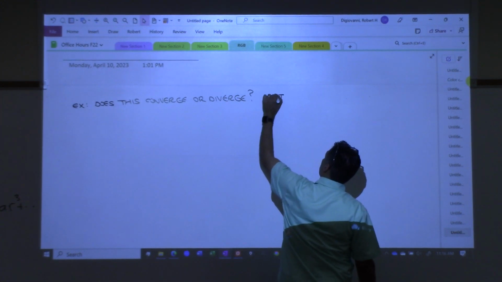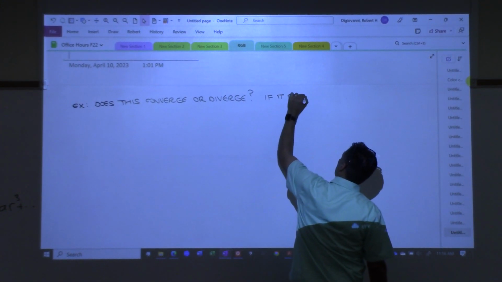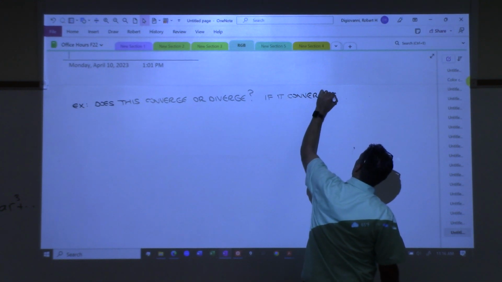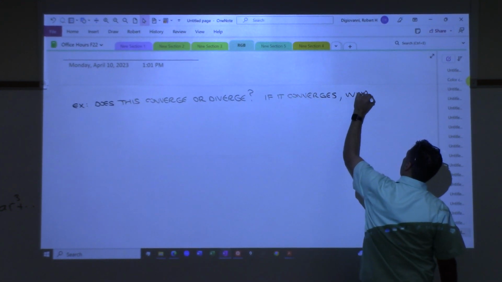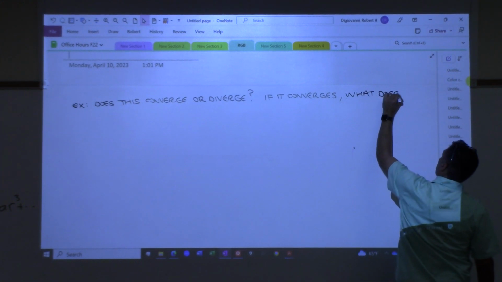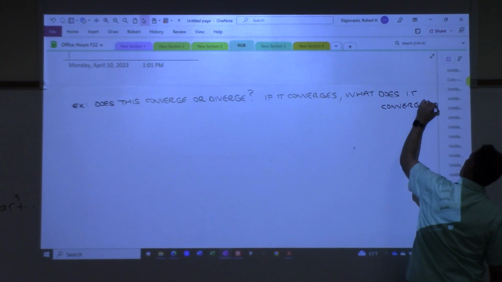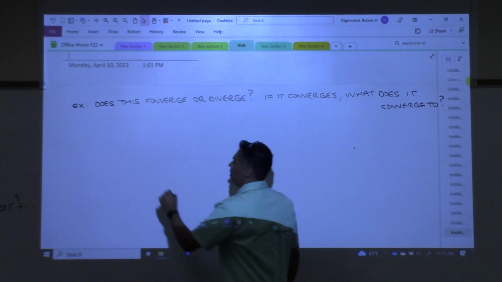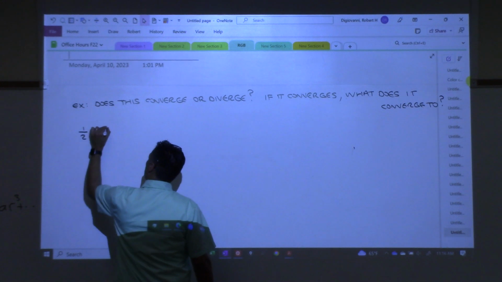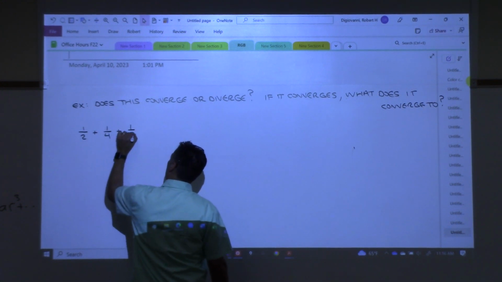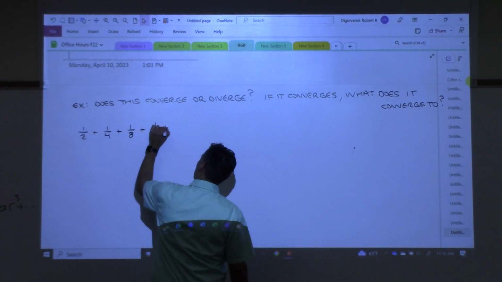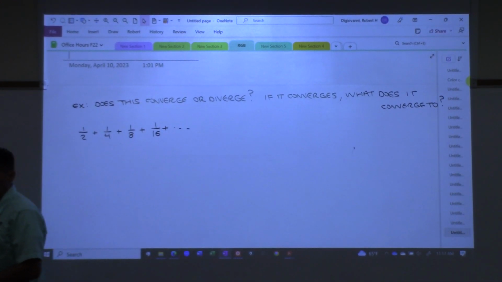If it converges, what does it converge to? One half plus 1/4 plus 1/8 plus 1/16 plus dot, dot, dot. Now we know this converges to 1, right? Because I showed you the squares. Okay, we know it converges to 1, but let's prove that it does.